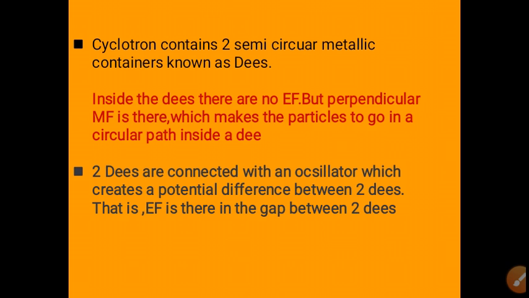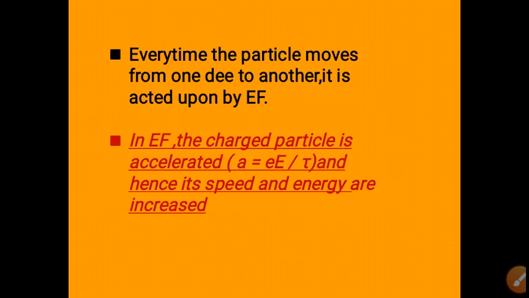That is, electric field is there in the gap between the two Ds. Every time the particle moves from one D to another, it is acted upon by the electric field, because the electric field is only in that space between the two Ds.